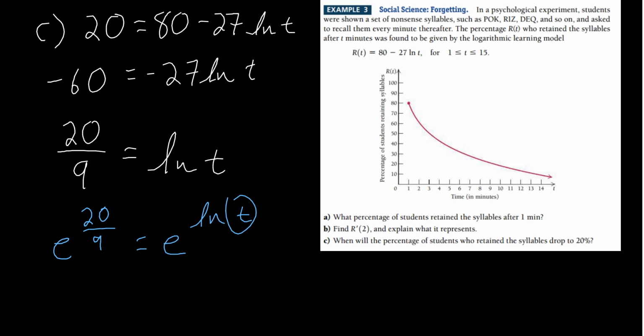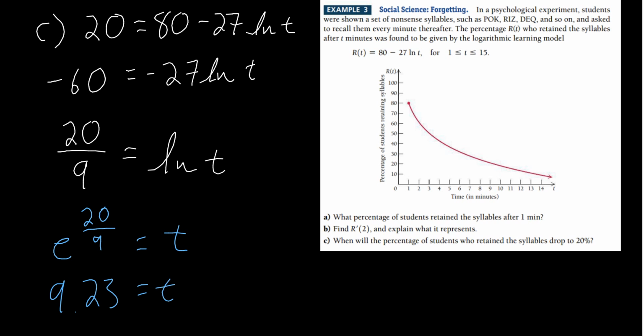It's just the argument. So we can just simply write t on the right side here. And then what is e to the 20 over 9? e raised to 20 divided by 9 is 9.23, is equal to t.